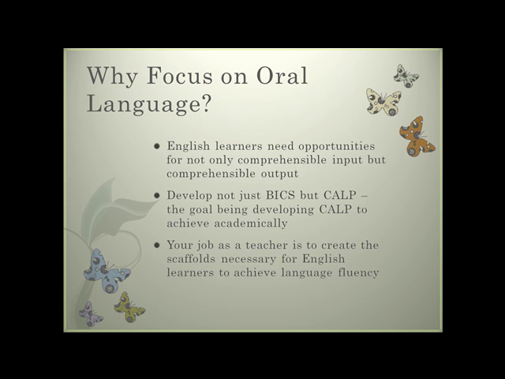So they can actually converse and talk to friends and talk to their parents. But we also need to be able to develop this academic language, this academic understanding for them to achieve academically in the classroom. So ultimately, your job as a teacher is to create these scaffolds that are necessary for English learners to achieve this language fluency in all the 4 language skills that we've talked about.